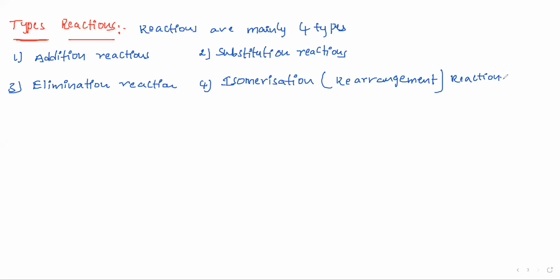Generally, we are going to discuss only these four types: addition, substitution, elimination, and isomerization or rearrangement.